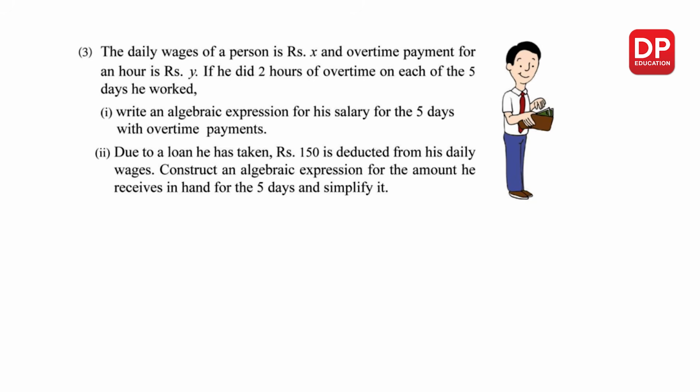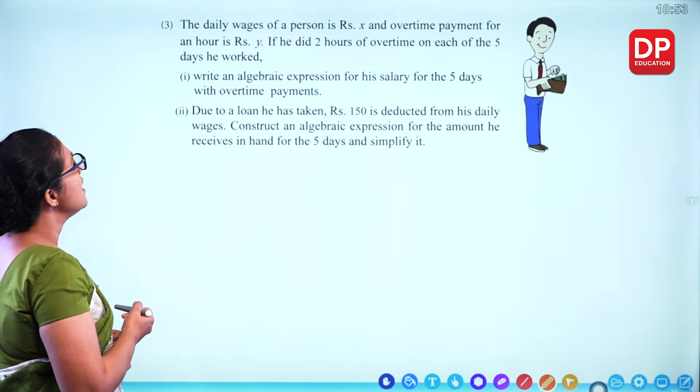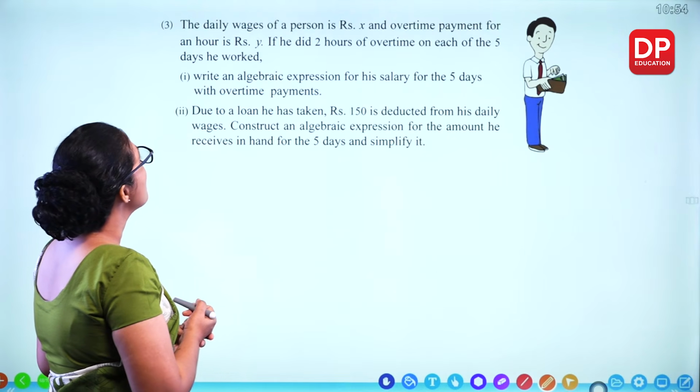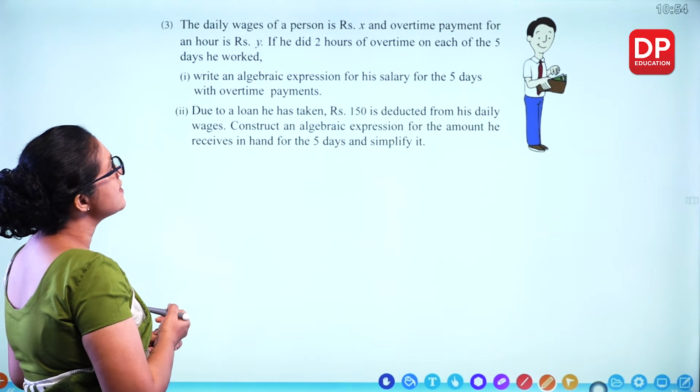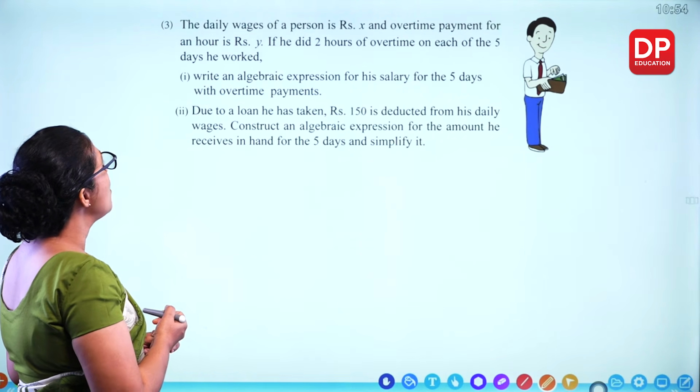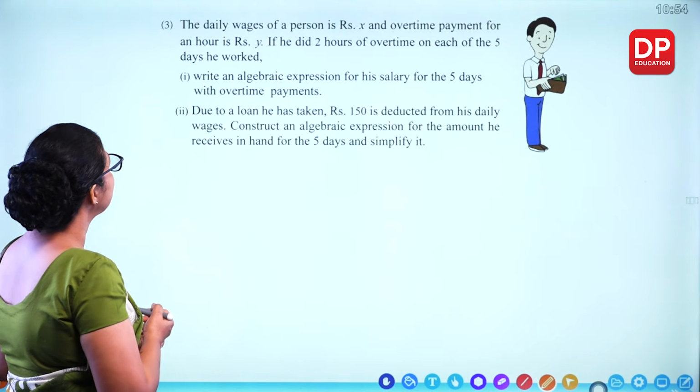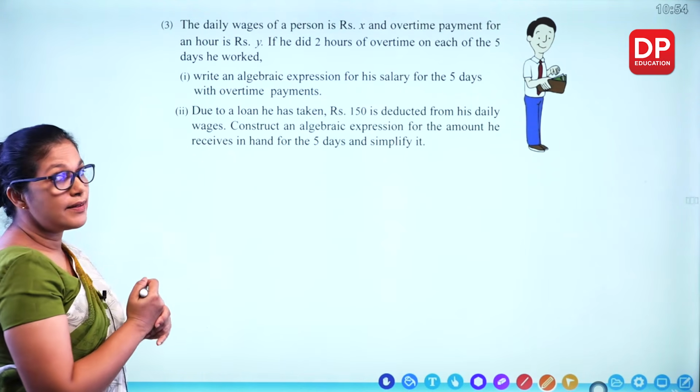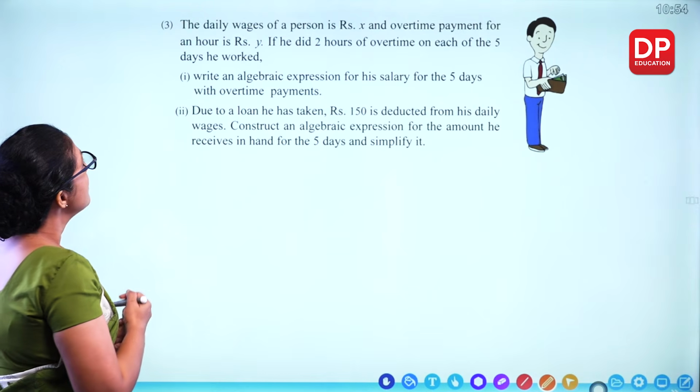Question number 3. The daily wages of a person is x rupees and overtime payment for an hour is y rupees. If he did 2 hours of overtime on each of the 5 days he worked, write an algebraic expression for his salary for the 5 days with overtime payments. Okay, read it carefully and try to get it.